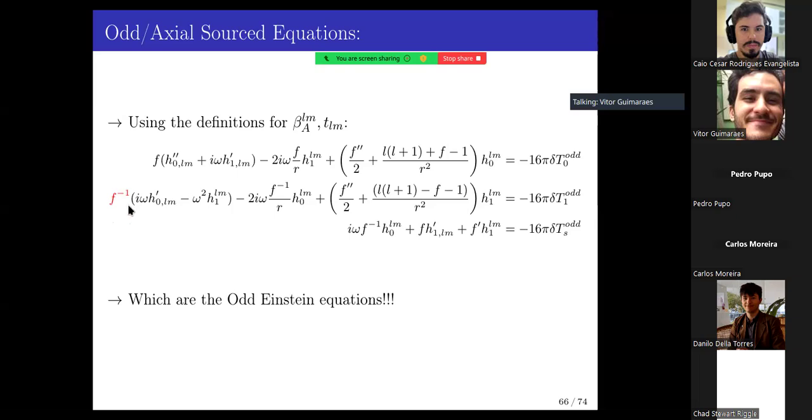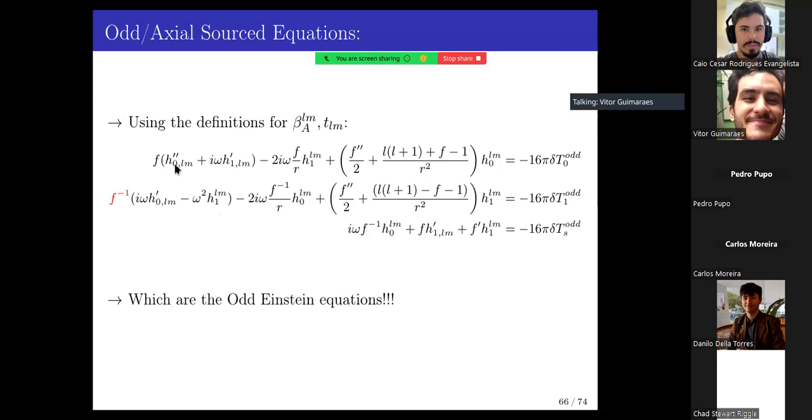I would recommend you check the Black Hole Perturbation course by Emanuele Berti, which is one of the core references I'm using for this mini course. Compare, because they are in a different form there.